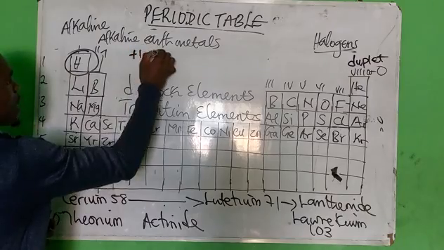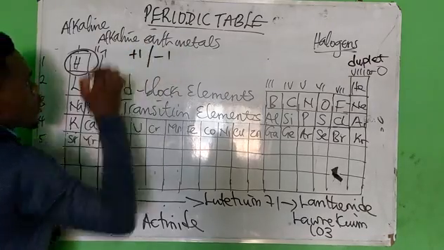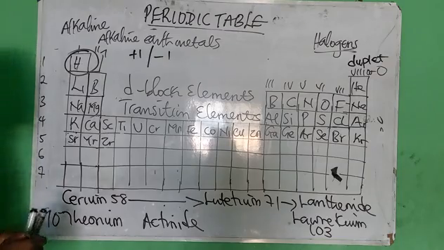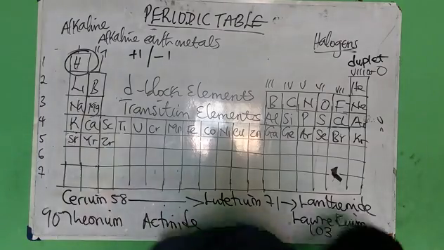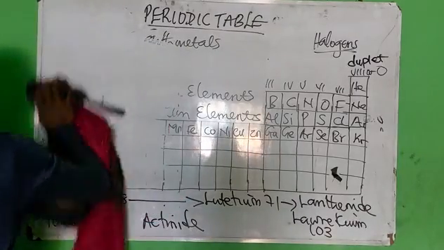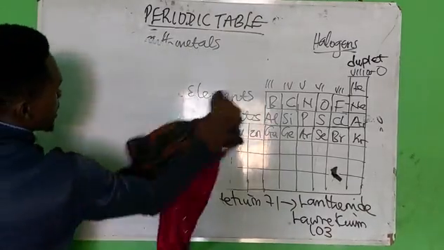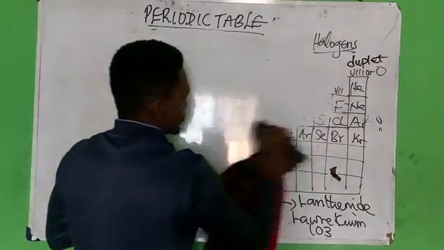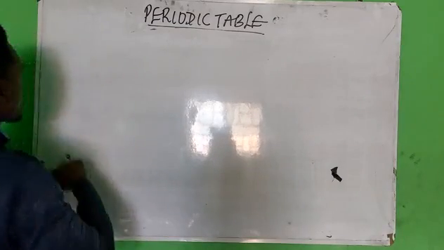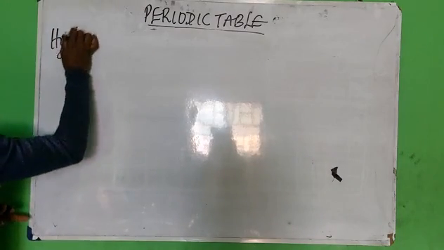It has +1 and what? -1. Okay, let me rub off the board so I'll explain it better. Please take notes. I want to illustrate it using diagrams for a better understanding. Our major concern right now is hydrogen.